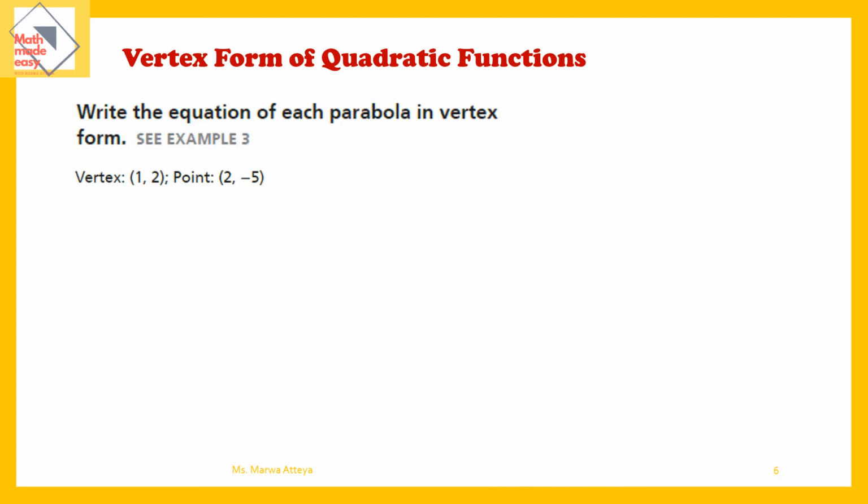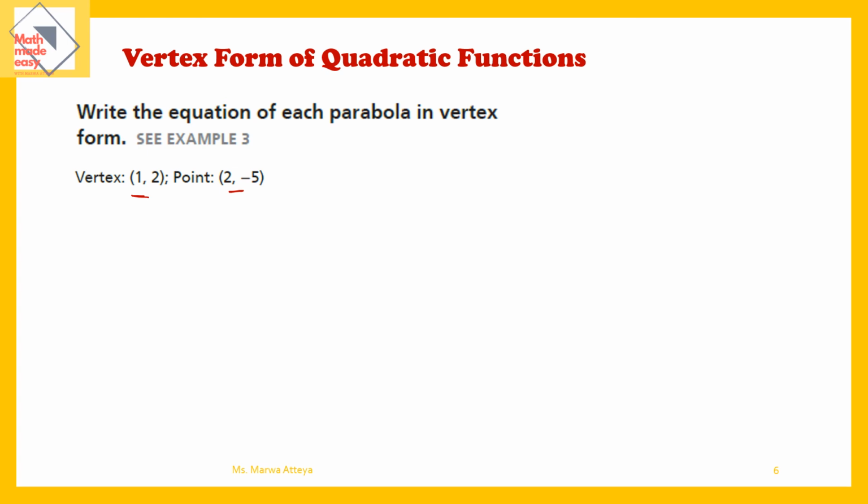Our last example for the lesson is how we can write an equation of a parabola in vertex form if I have 2 points. So I have the vertex and I have a point and want to find the equation. Okay, so we don't have the equation, but we do have a vertex and we do have a point which the parabola passes through.